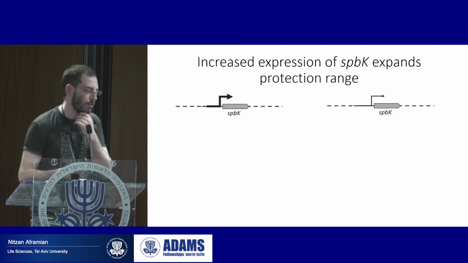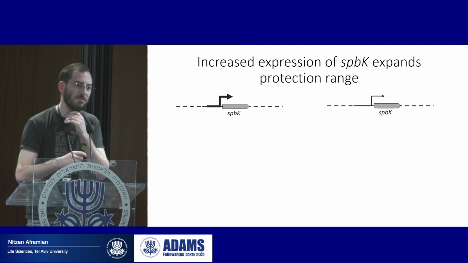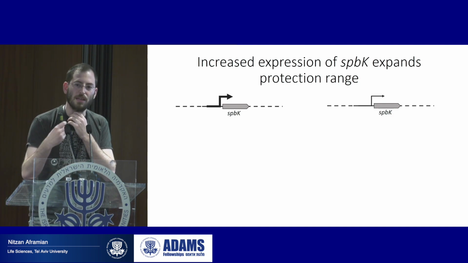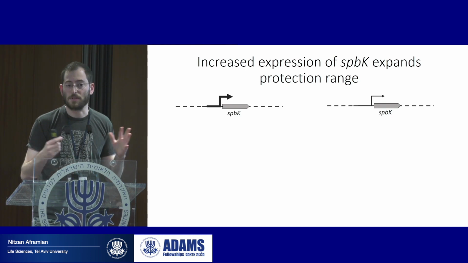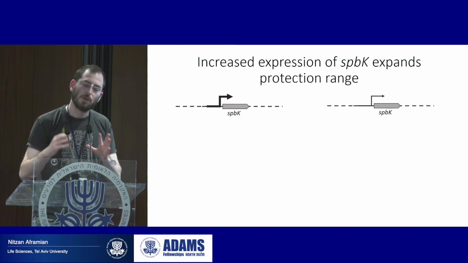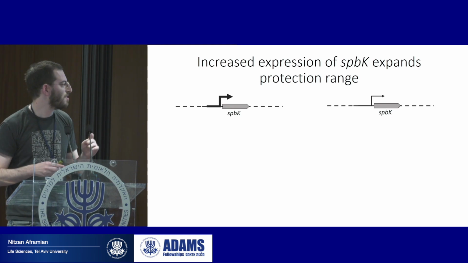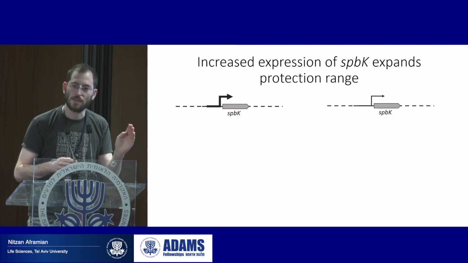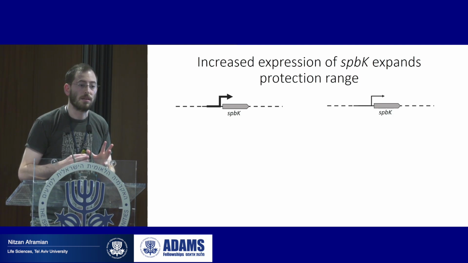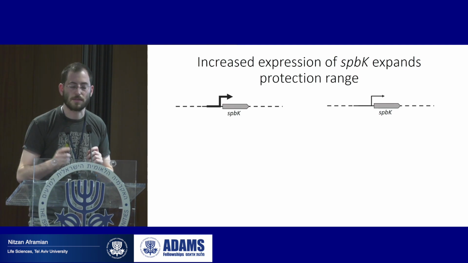If you remember Efrat and Guy's talk, genes need to be expressed, and they can be expressed to different levels. And this includes the genes for these defense systems. And what we hypothesized for some basic biological considerations is that simply by increasing the level of expression of a defense system, we'll actually get a wider protection range in terms of the diversity of phages protected against.